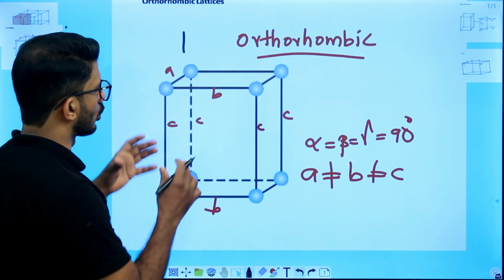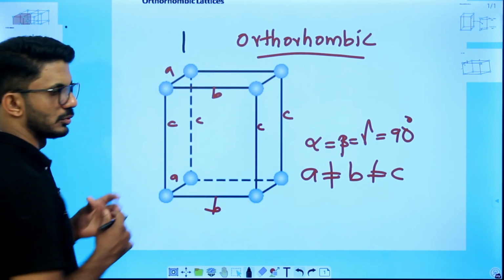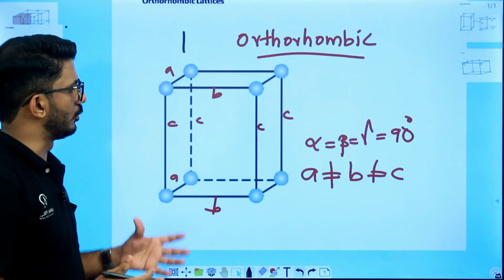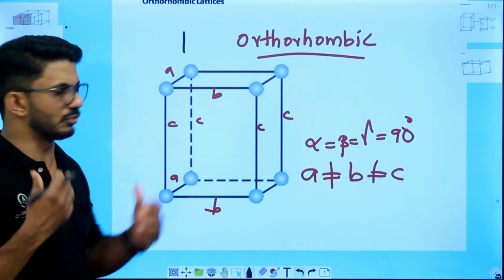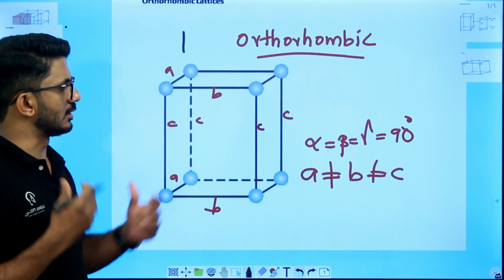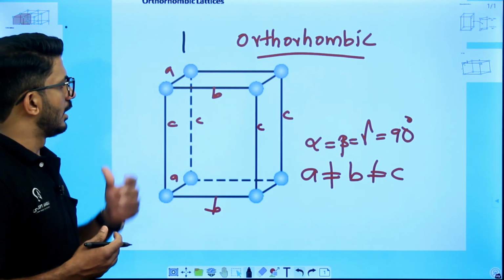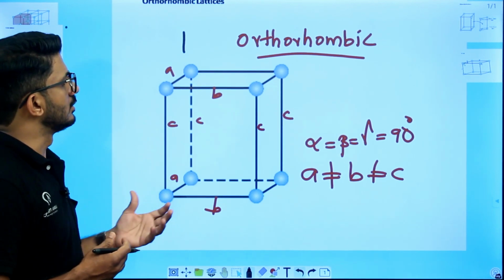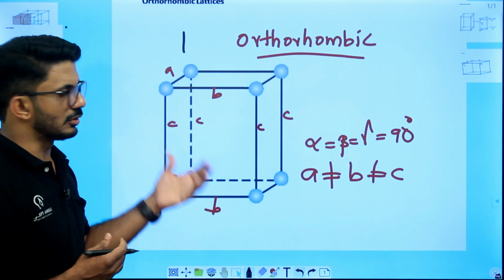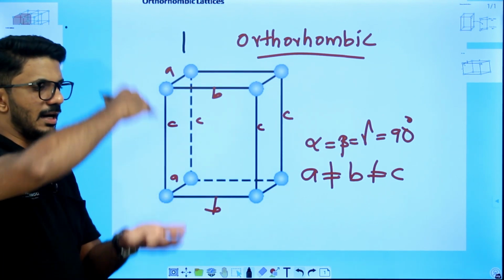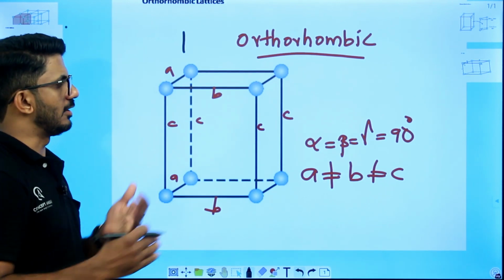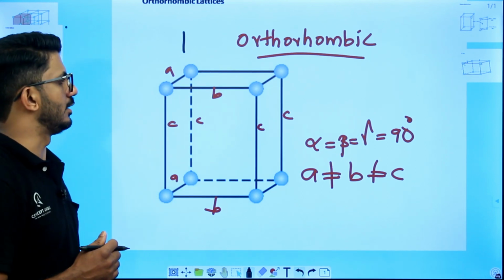Okay. Orthorhombic crystal lattice. One is cubic: A is equal to B is equal to C, alpha is equal to beta is equal to gamma is equal to 90 degrees. Tetragonal: A is equal to B, not equal to C, so only the height is different, and alpha is equal to beta is equal to gamma is equal to 90.